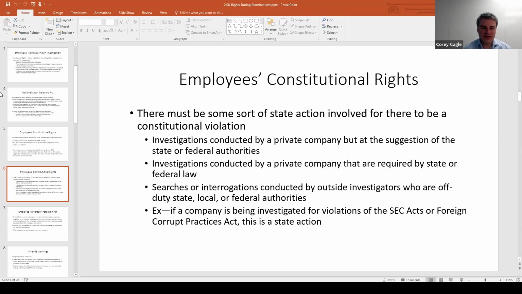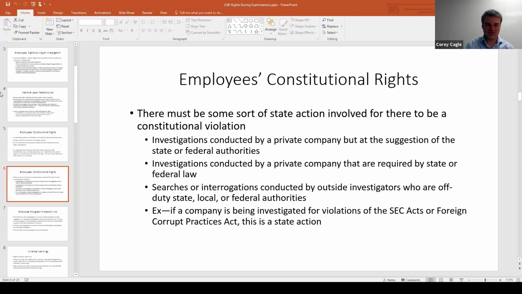Investigations conducted by a private company, but at the suggestion of state or federal authorities, would be a constitutional issue. Investigations conducted by a private company that are required by state or federal law, the Constitution is involved there. Searches or interrogations conducted by outside investigators who are off-duty state, local, or federal authorities, that wouldn't be as obvious, so that one is worth taking note of.